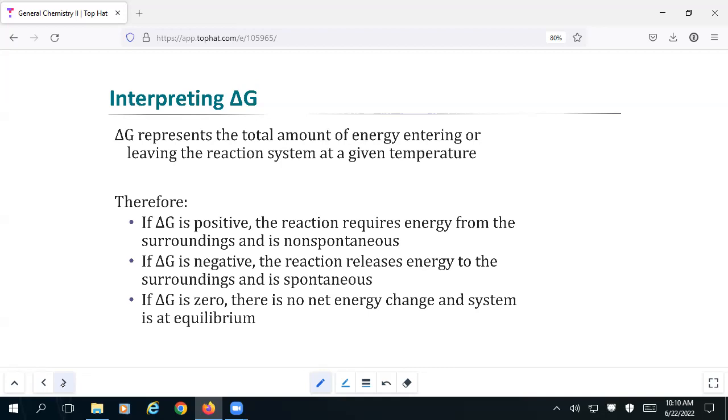And that completely negates our definition of spontaneity. Spontaneity says that the reaction can run on its own without our interference. If we have to continually supply it with heat, then it's not running on its own.